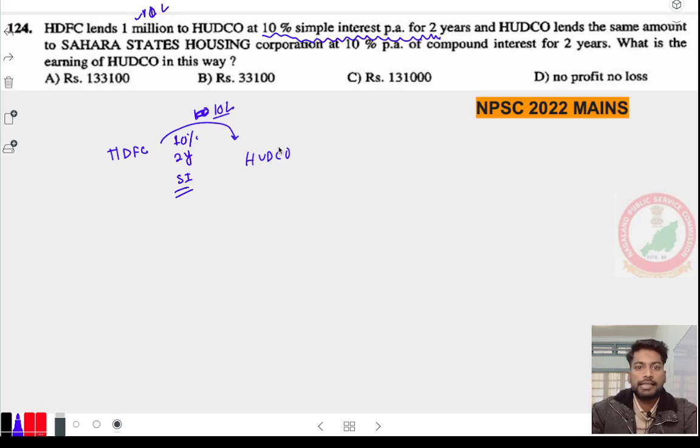Hudco gave that money to Sahara at the 10% rate, 2 years, but for the compound interest, okay.